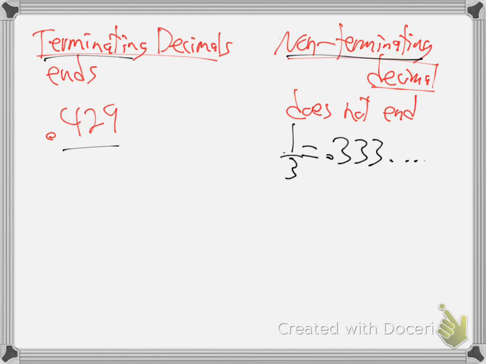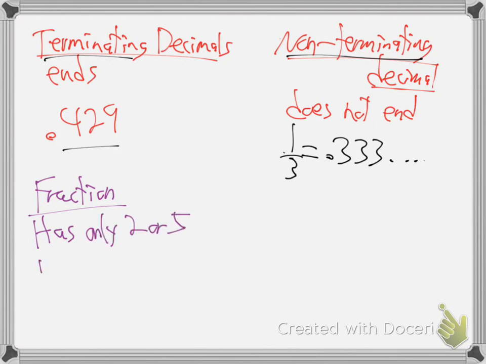Let me write it out. Yeah, so basically, if a fraction has only 2 or 5 in the denominator, then it'll end. When you make it a decimal, it ends. Well, I'm not giving quite the whole story.